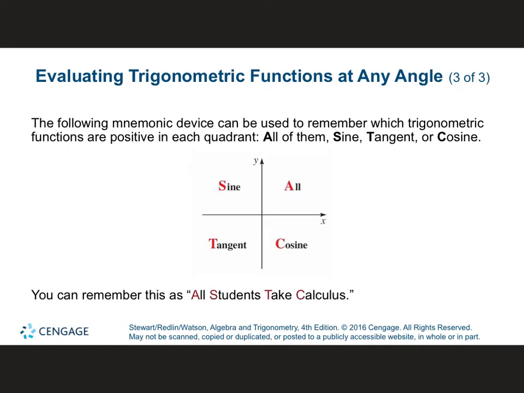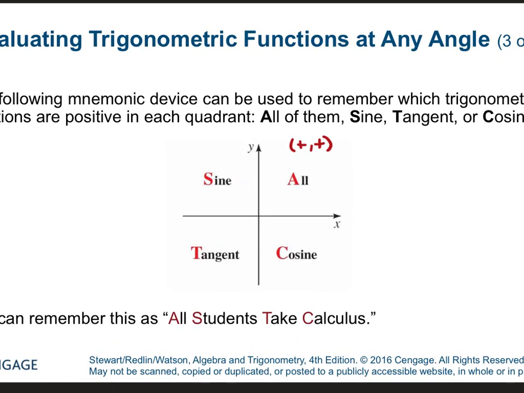In the first quadrant, the top right quadrant where it says All, it's positive, positive, so your x and your y are both positive. For the second quadrant, your x is negative, your y is positive. For the third quadrant, your x and y are negative, and for the fourth quadrant, your x is positive, your y is negative.